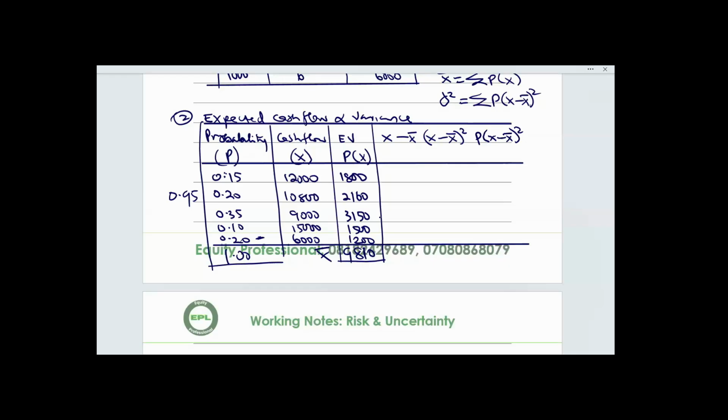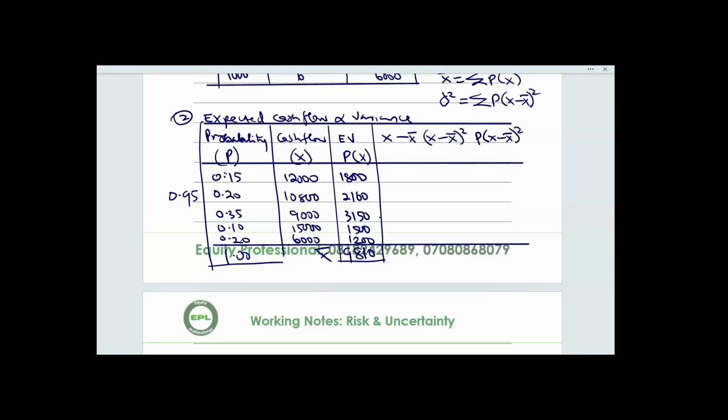To make the assumption, you make it equal to 0.20. You then say: note, the probability given in this question is 0.95 instead of 1. Therefore, it is assumed that the last probability is 0.20. So you have told the examiner how you treated the number, your challenge, and how you resolved it. But you can't just make an assumption without stating it. At times you can have a very cheap question, and because of a typo error you could not continue. In that case, you need to make an assumption. Let's move on from here.